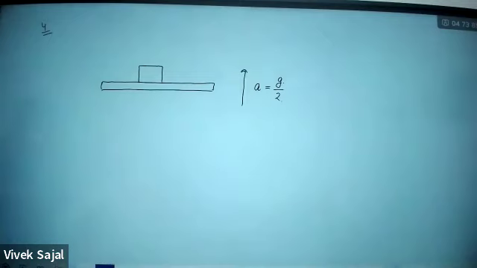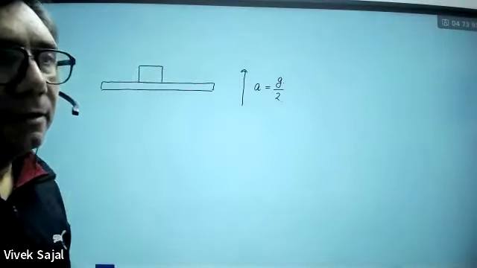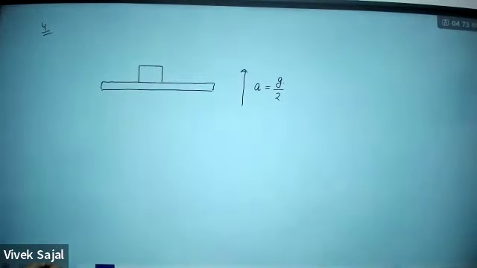Work done by the normal reaction on the block in time t is, in time t, how much work will be done by the normal reaction on the block? You have to find out. Okay, so bataiye how you are going to do this.